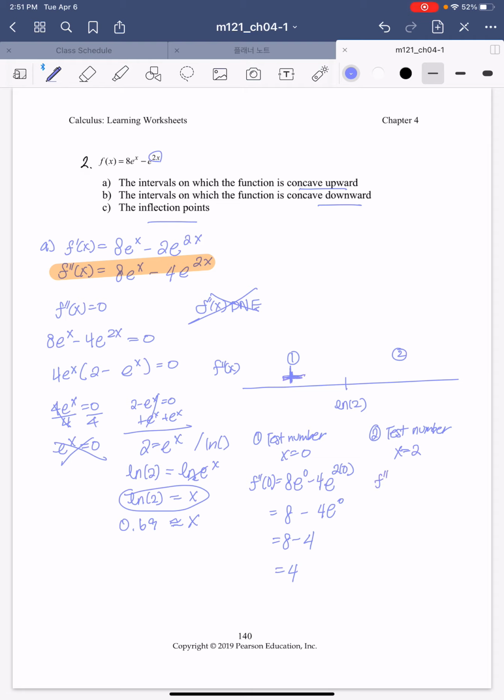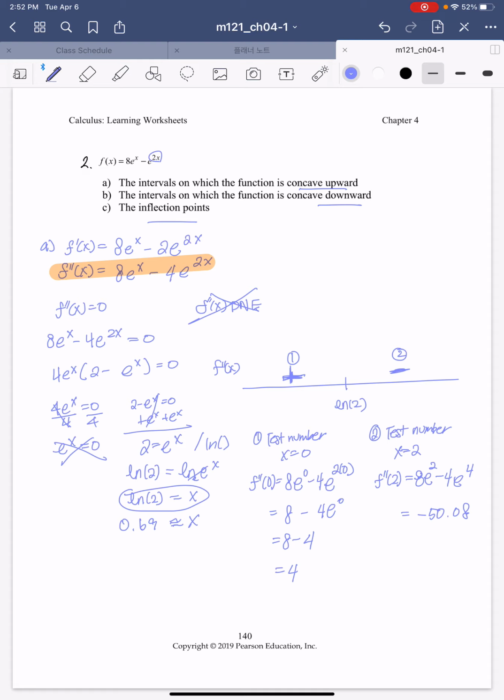If I plug in 2, I have 8 e to the second power minus 4 e to the 2 times 2, which will be 4. So popping into the calculator, I get negative 50.08. You can get a decimal number, so that's a negative.